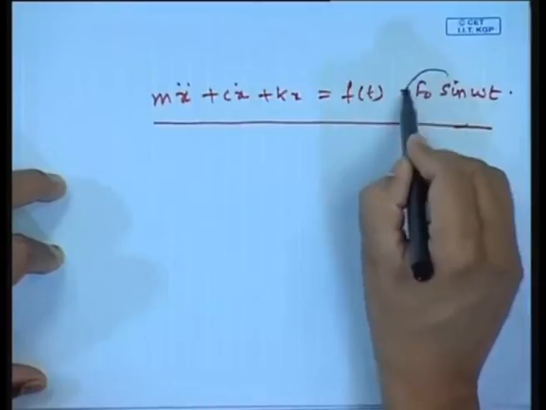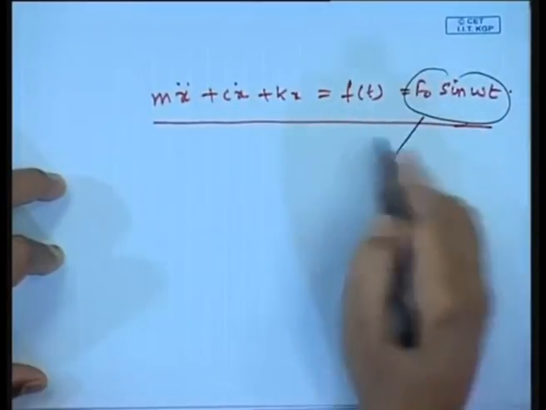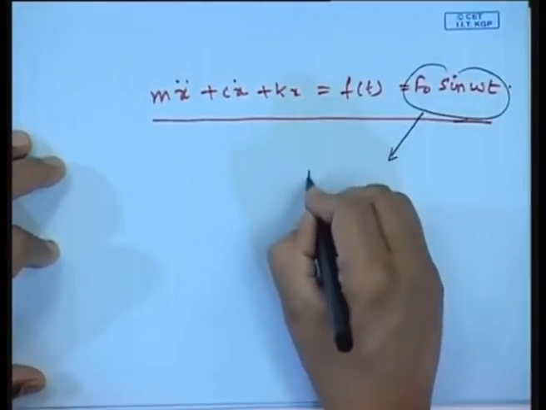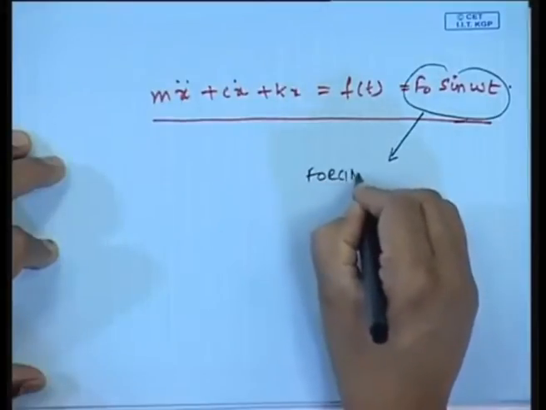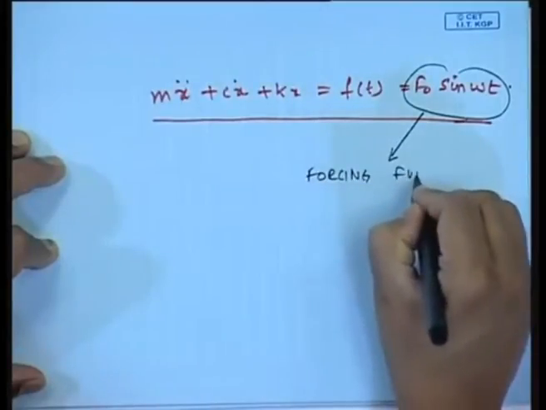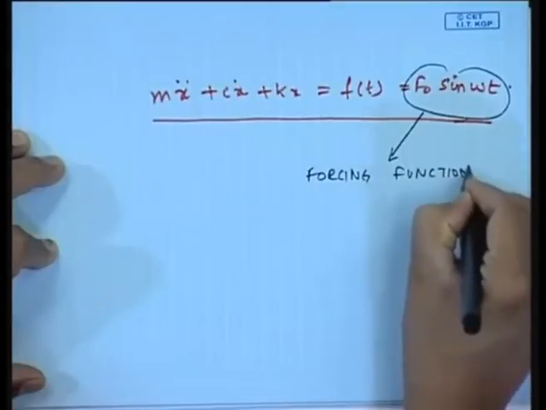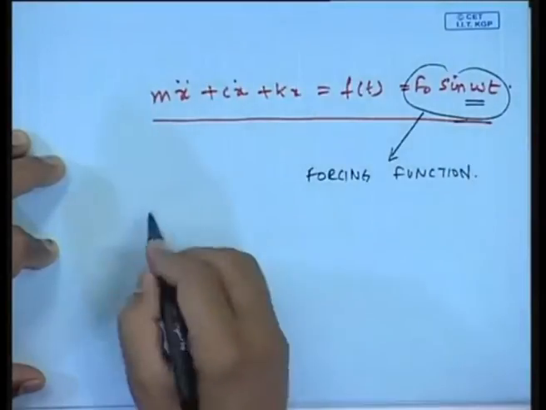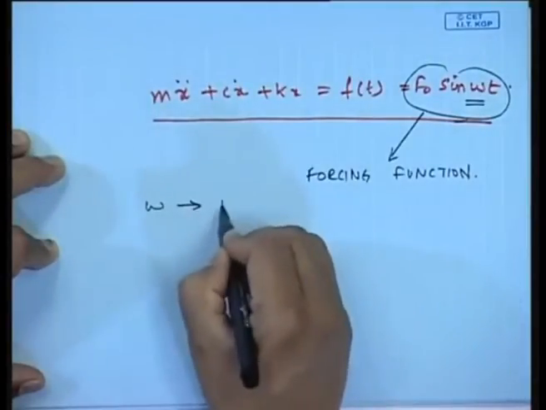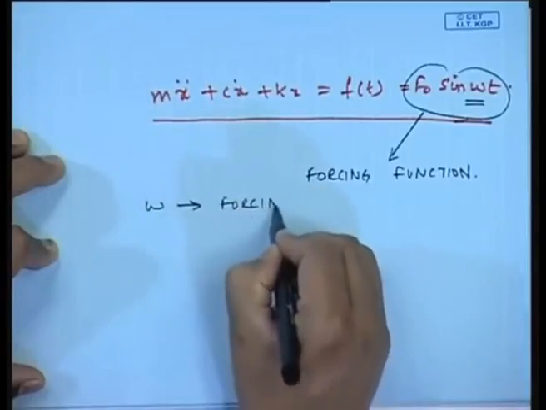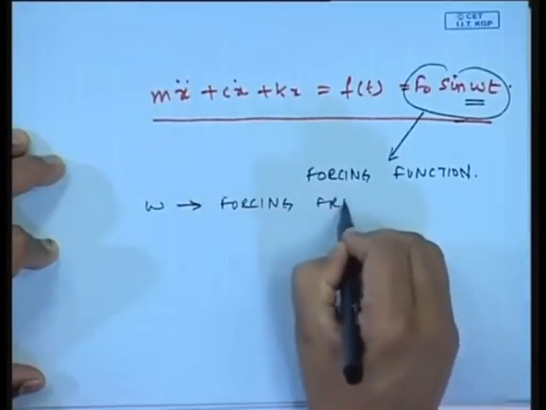The right hand side is what is known as the forcing function, and if you notice this omega here, omega is nothing but the forcing frequency.